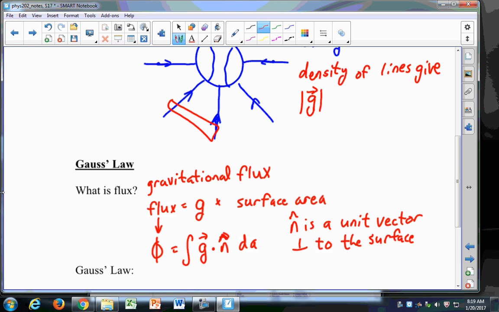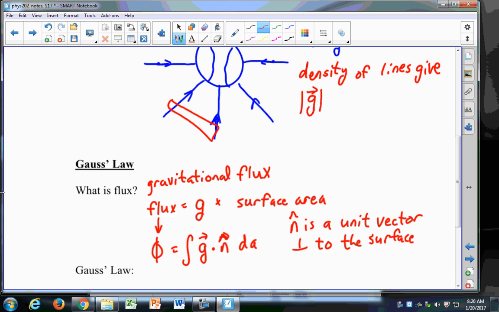Now what if I flip this surface like this? I still have my vectors G going in this direction, but now my vector N is in that direction. What is the value of G dot N in this case? It's 0. Why is it 0?